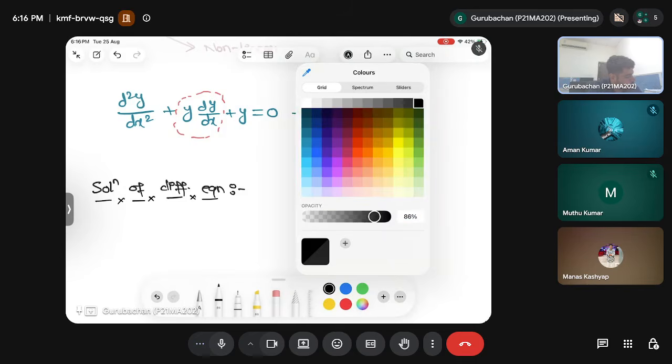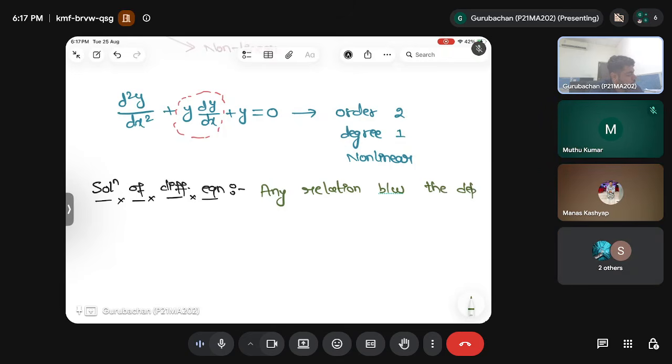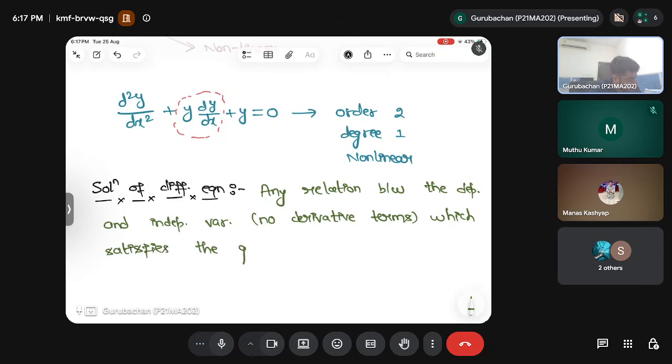So any relation between the dependent and independent variables, with no derivative terms in it, which satisfies the given differential equation is called a solution of the differential equation.